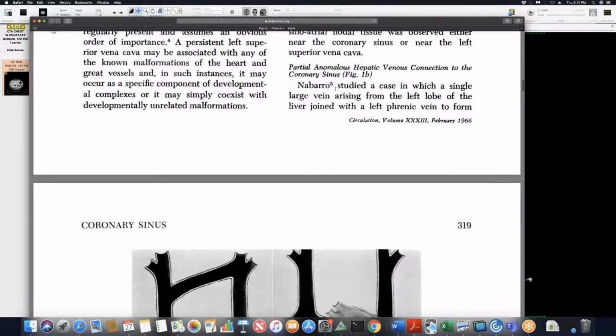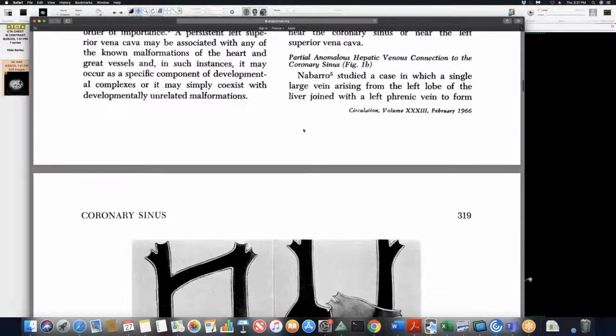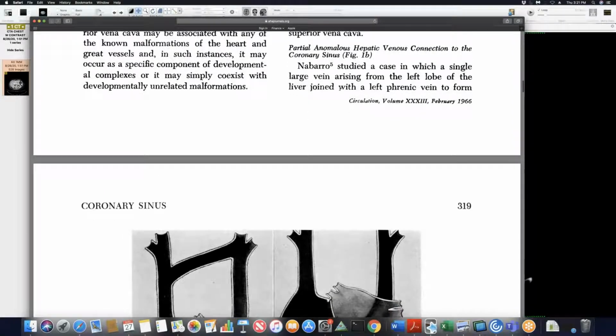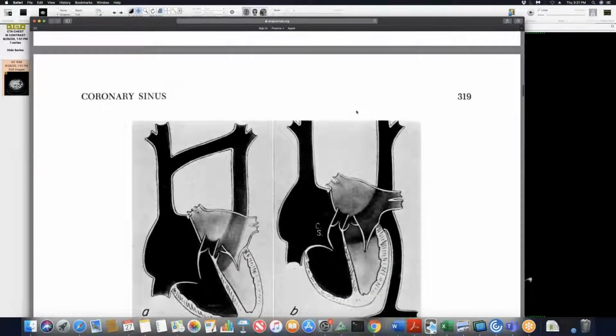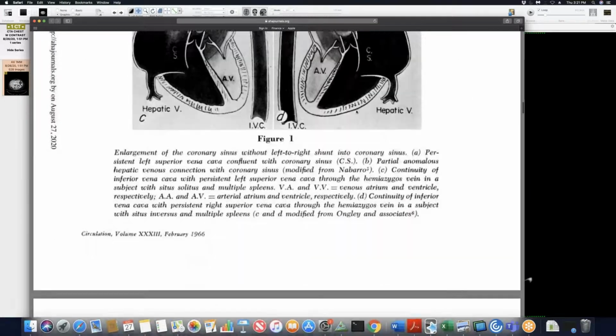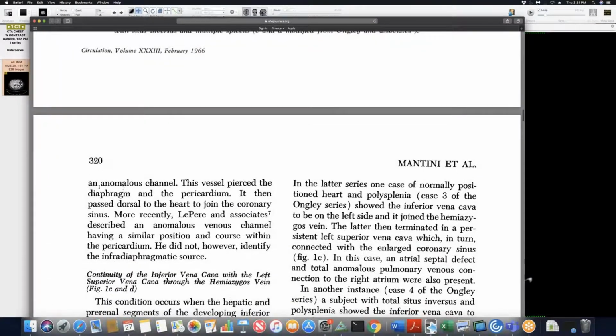They have a nice section on this anomaly, but essentially you have a hepatic vein, for example something draining into the phrenic vein, and that creates an anomalous channel and drains into the coronary sinus and gives it that abnormal look.